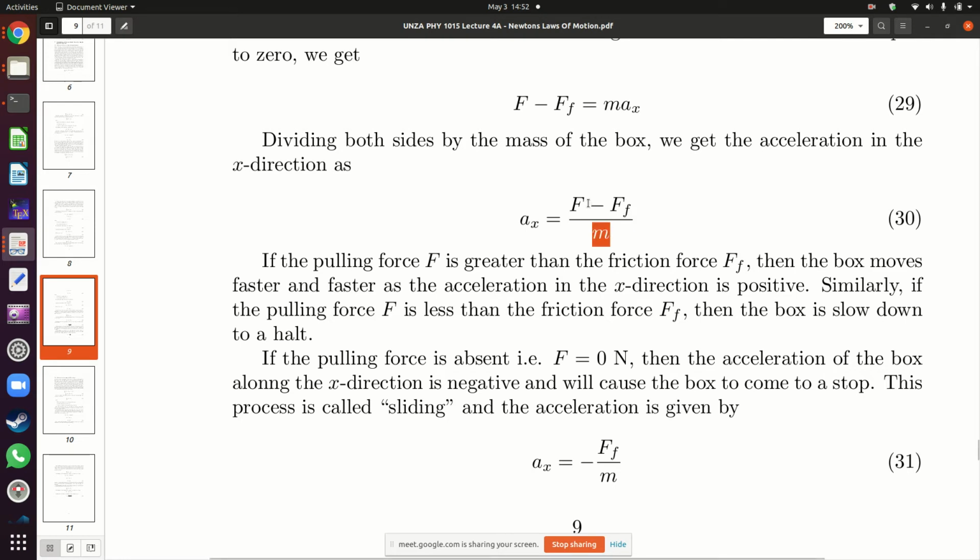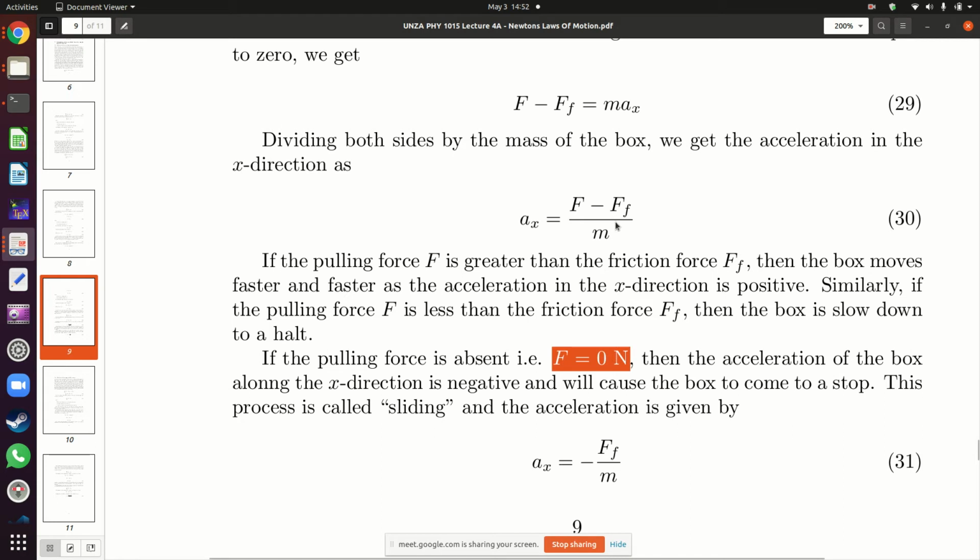If the pulling force is greater than the friction force, then your resultant force is positive, and you divide the resultant force by the mass, you end up having a positive acceleration, which will result in the velocity of your object increasing. However, when something is sliding, that happens when the pulling force is equal to 0.